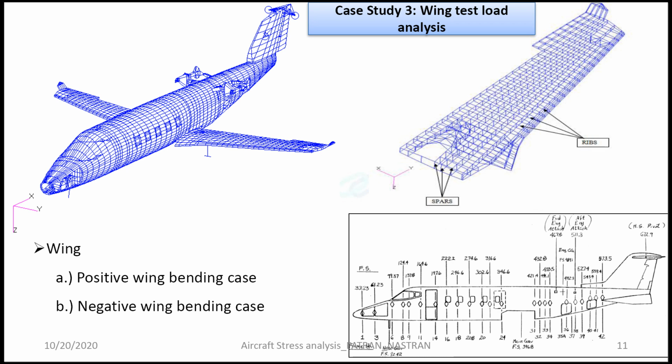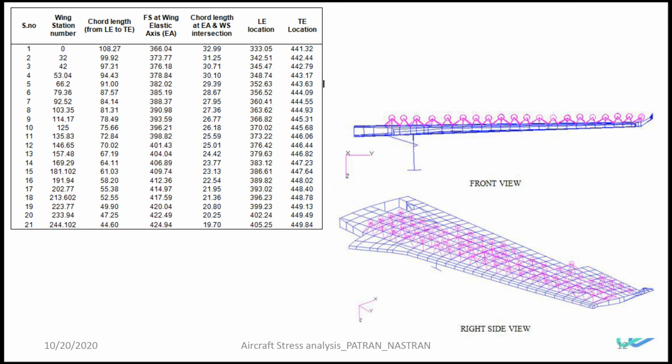So I just corrected that, and then I created MPC elements, which are RBE3 elements, for creating the pressure loading, because I don't want to add any stiffness to the structure. That's the reason I went to RBE3 elements.